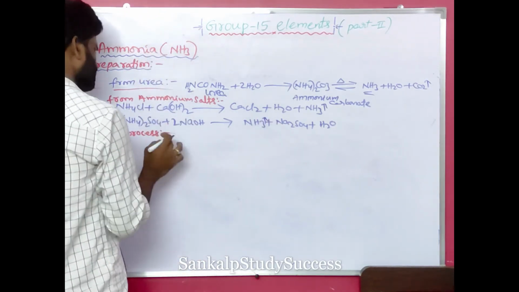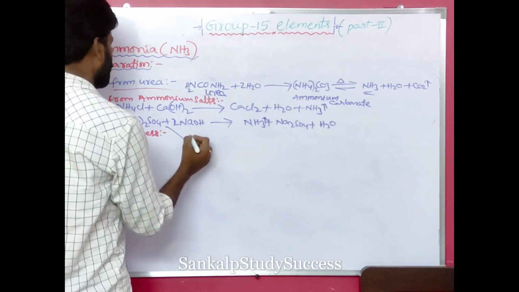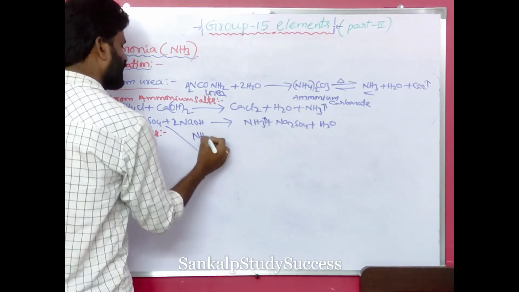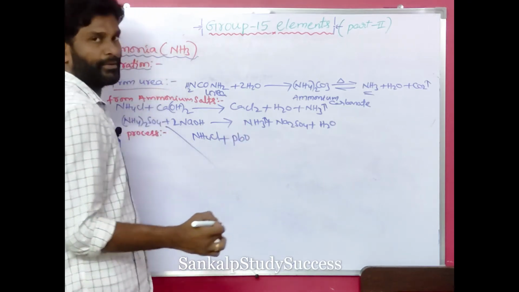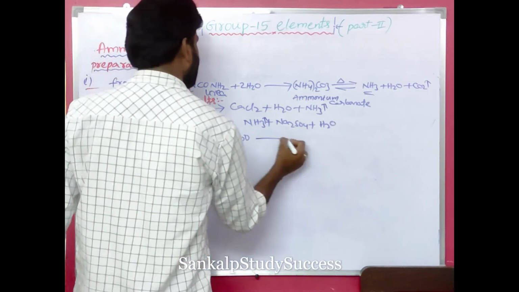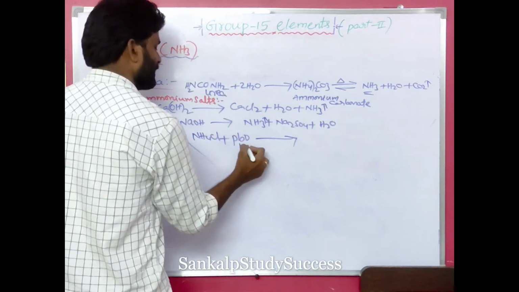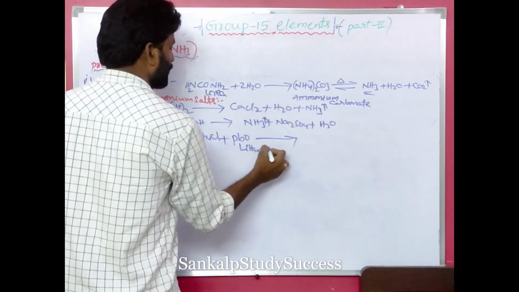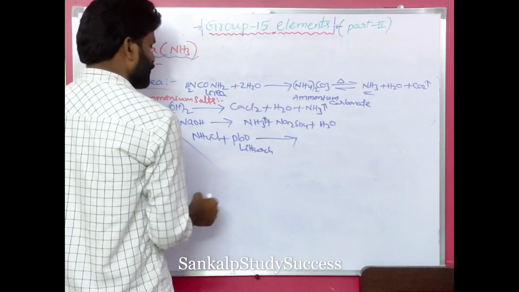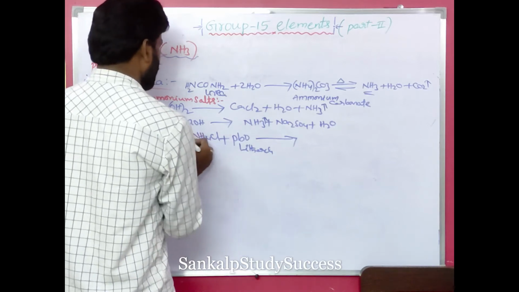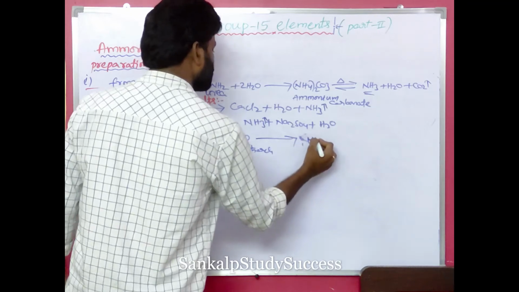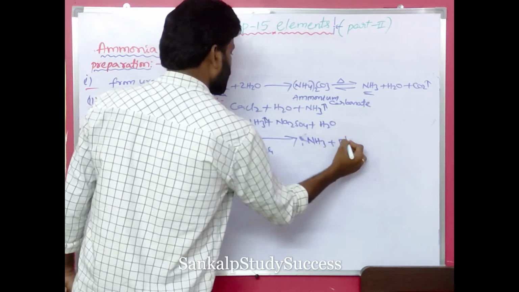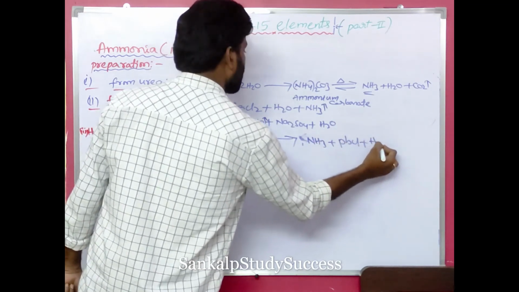Another method: ammonium chloride can be treated with litharge. PbO, lead oxide, is said to be litharge. To produce, taking two molecules, ammonia NH3 and PbCl2, and water is also produced.